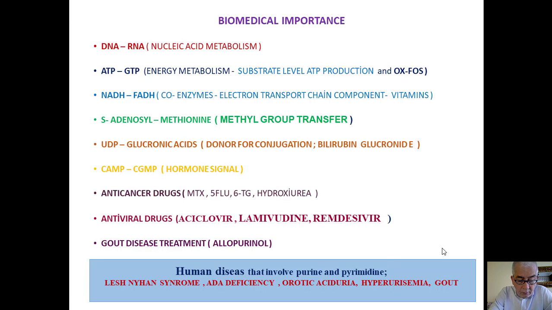In the cell, not only DNA and RNA but also many molecules which have purine and pyrimidine structure are responsible for many important processes. Now let's look at these molecules.